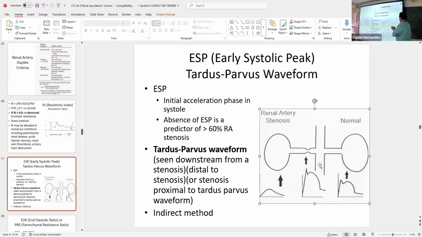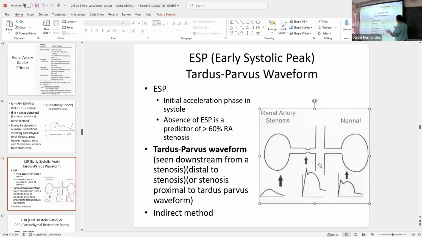So when we have a stenosis that's blocking it, the heart during its first initial contraction gives us a nice quick spike or peak of blood. If there's a blockage, we're going to lose that little spike, and it's going to be very similar and very even.